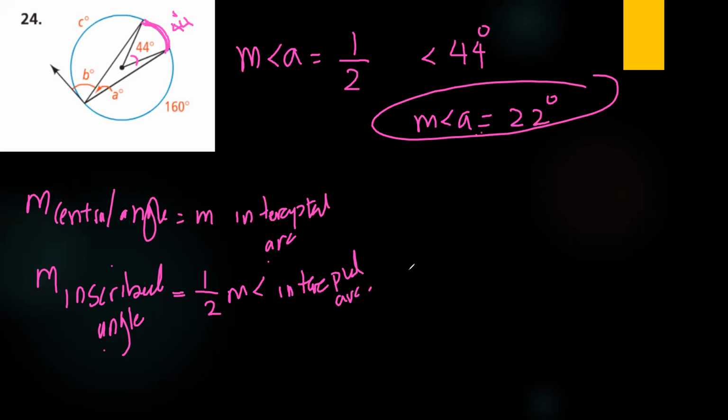Now let's find B and C. So here it's clean. This is A, which is 22 degrees. Now let's find C. The measure of arc C. 180?